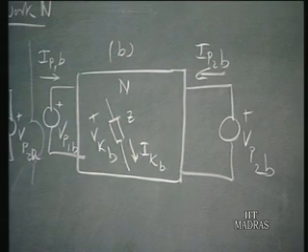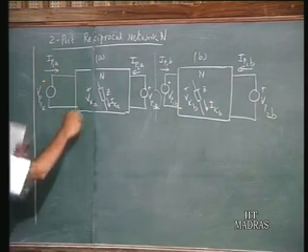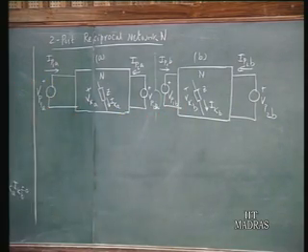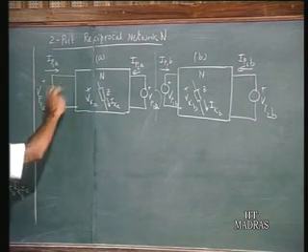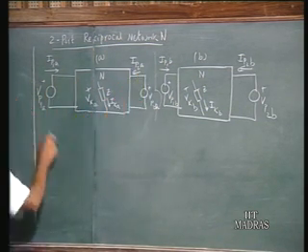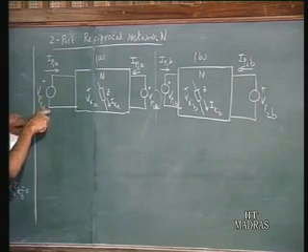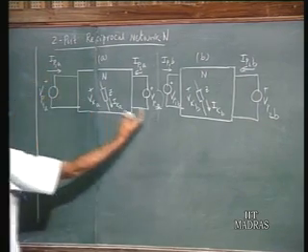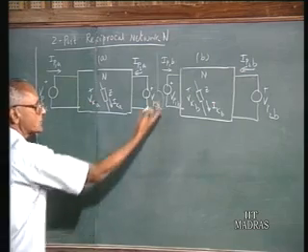Now let me apply Tellegen's theorem, taking the voltages here, multiply by the currents here. Take this element. You have the voltage here and the current here. Now notice that as far as this element is concerned, the voltage drop here, but the current is from minus to plus.